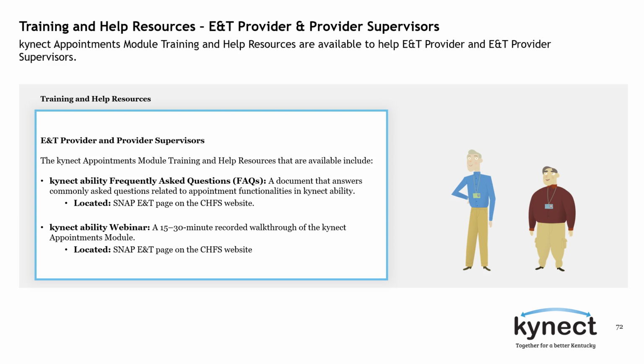It is located on the SNAP ENT webpage on the CHFS website. The Kynectability webinar is an approximately 30-minute recorded walkthrough of the Kynect Appointments module. It is located on the SNAP ENT page on the CHFS website.